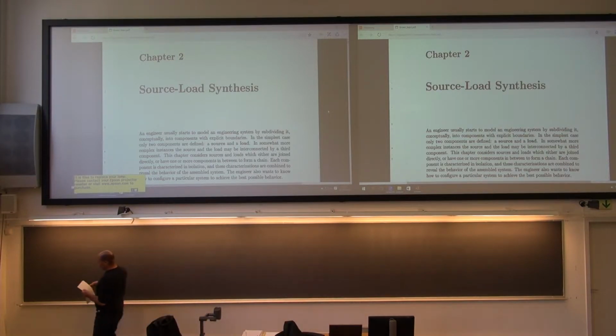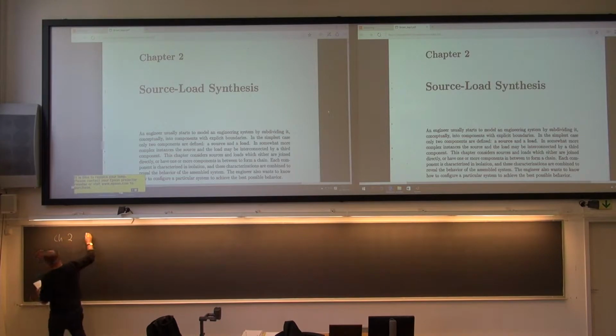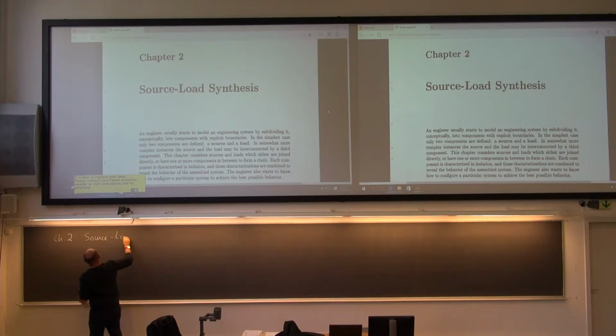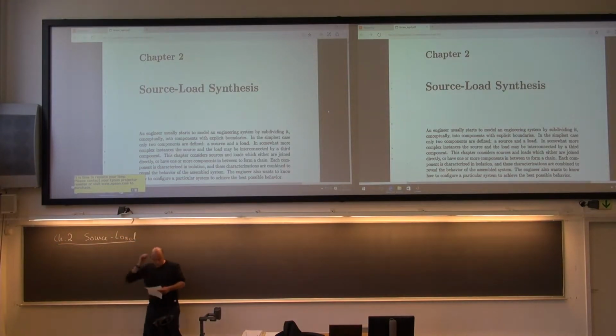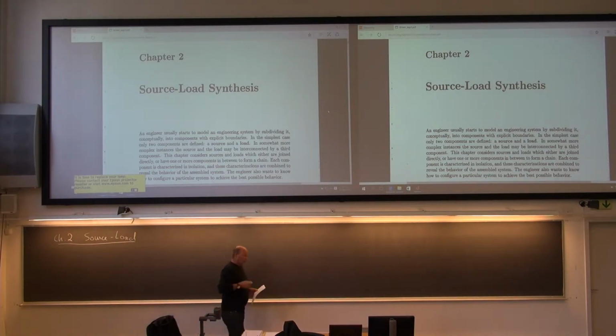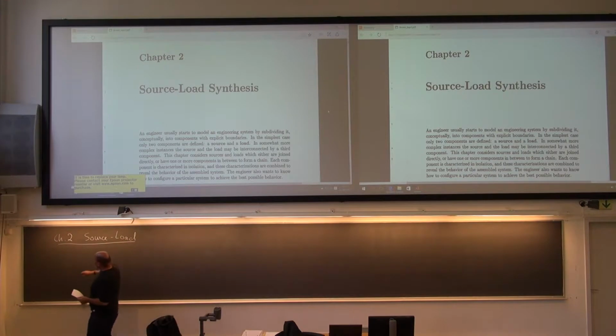So we start chapter 2. Source and a load. For source, you are talking an energy source, power source. So the figure in the book, very simple.